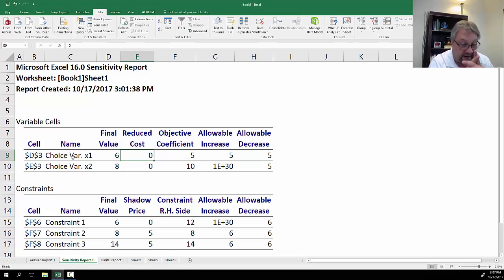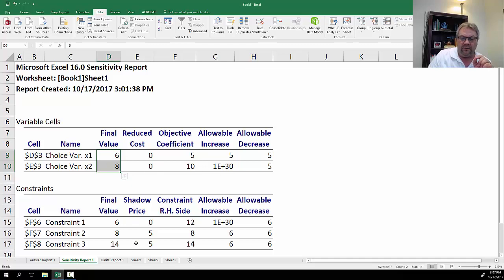The reduced cost is saying, look, they call it a cost. Sometimes it's called a dual value, shadow price. What this is telling us is the impact of the non-negativity constraints on x1 and x2.